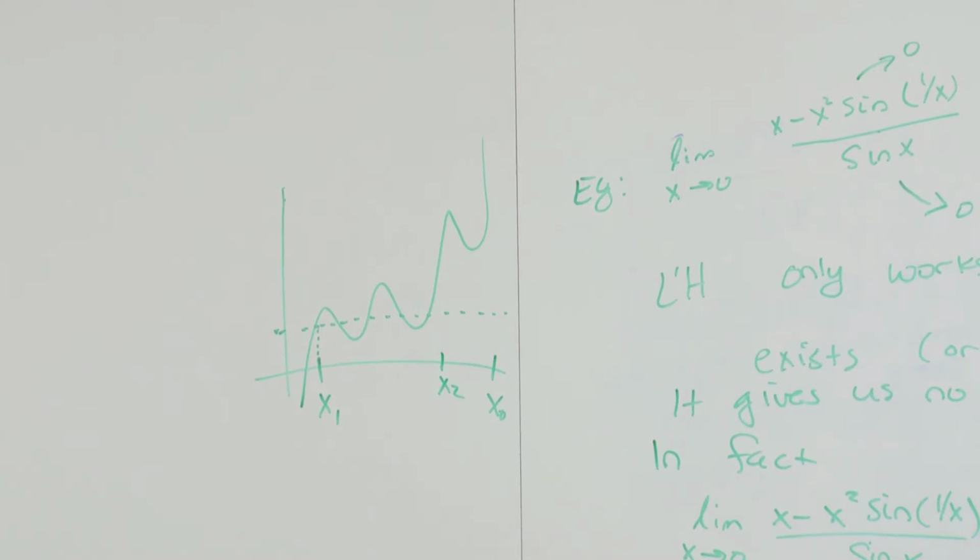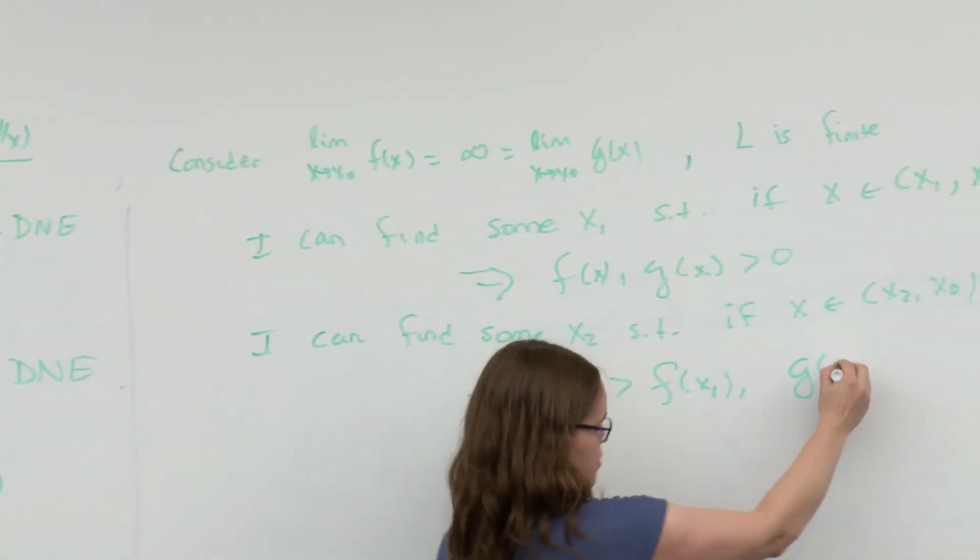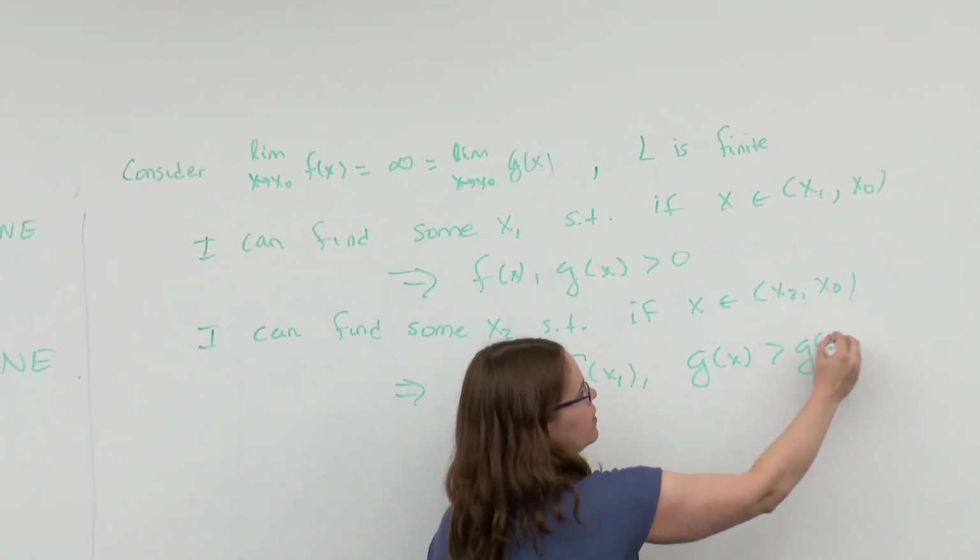So I can always find some x2 such that if x belongs to x2 and x0, then f of x is going to be bigger than f of x1, and g of x is going to be bigger than g of x1.